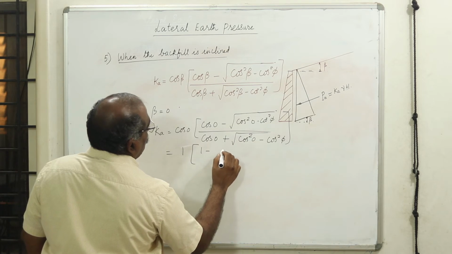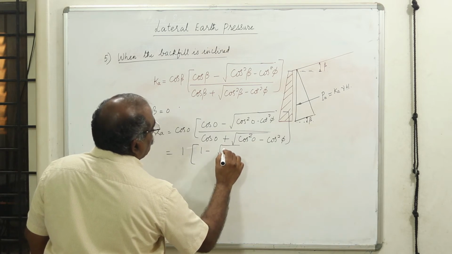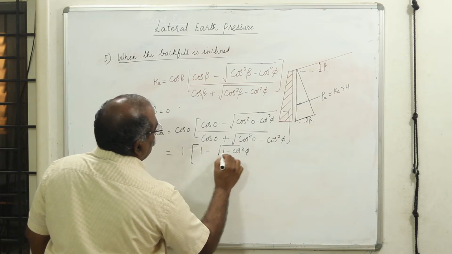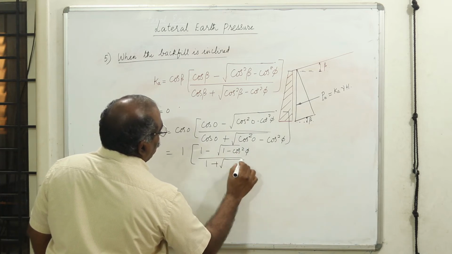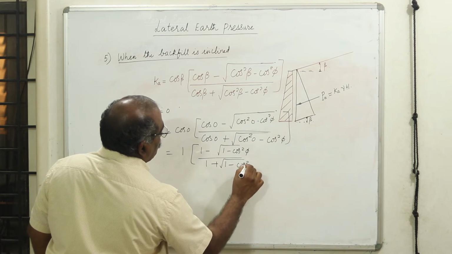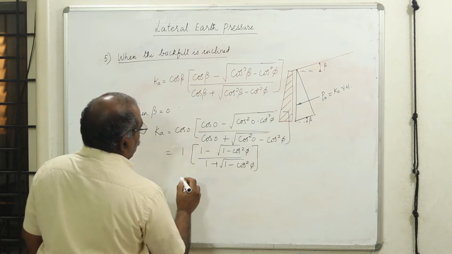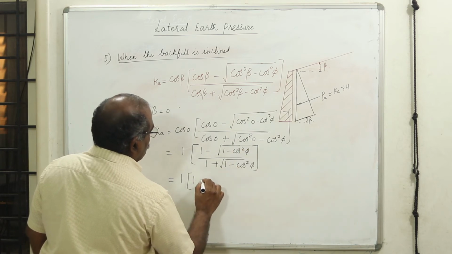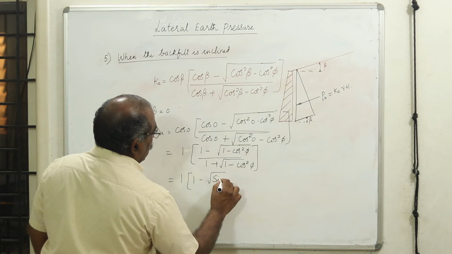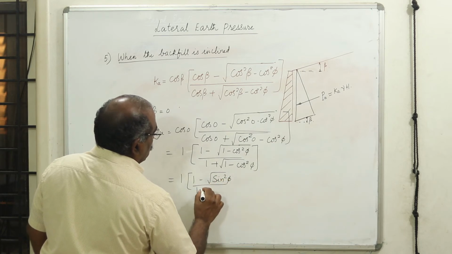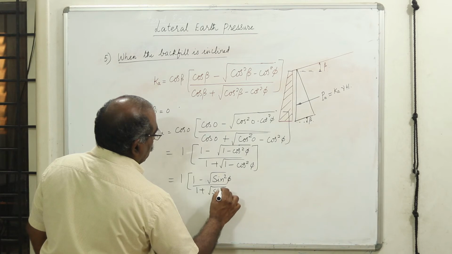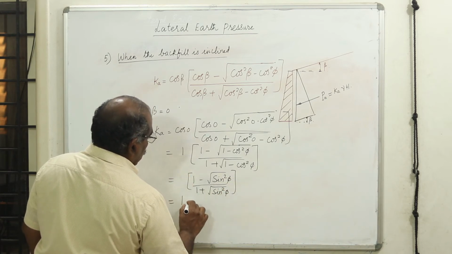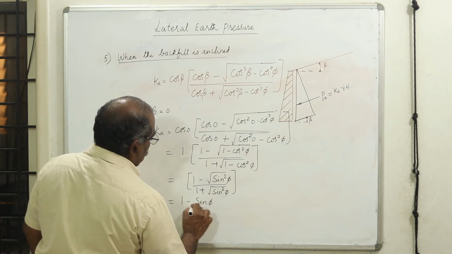So 1 minus root of 1 minus cos square phi, divided by 1 plus root of 1 minus cos square phi. 1 minus cos square phi is equal to sin square phi. Therefore it becomes 1 minus root of sin square phi by 1 plus root of sin square phi, which is nothing but (1 minus sin phi) by (1 plus sin phi).